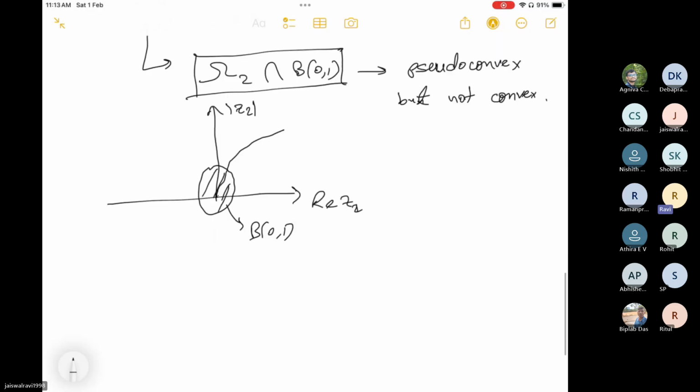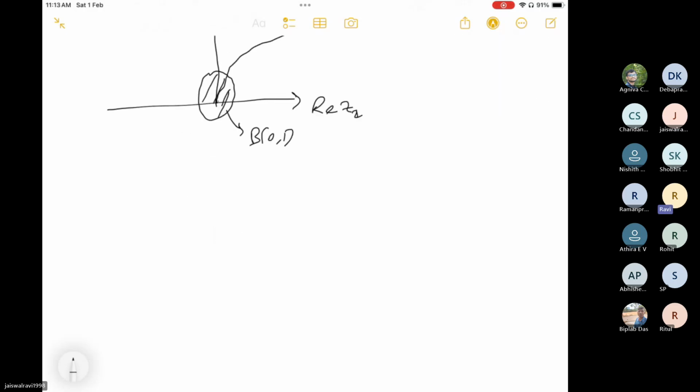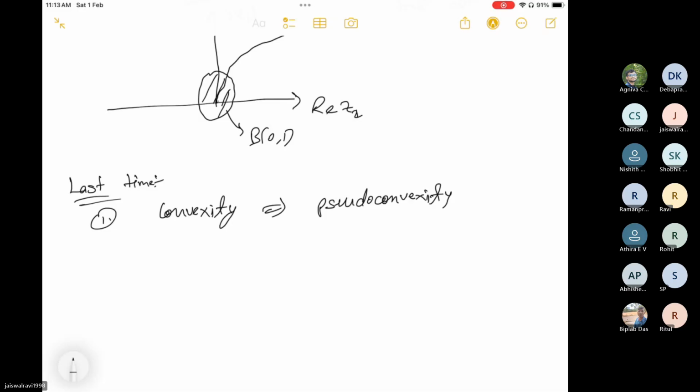Also recall something from the last time. Last time we proved two things. The first one, we proved convexity implies pseudoconvexity, and the converse is not true. We saw from the last example.